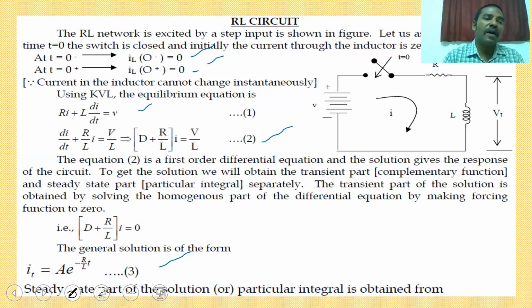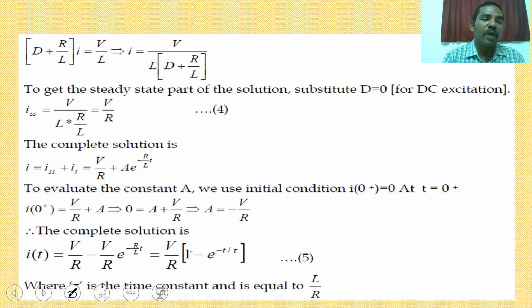we take D plus R by L into i equal to V by L, or i is equal to V divided by L into D plus R by L. The L is multiplied in the denominator term D plus R by L, so L is a fixed value. D is d by dt, and when a constant value is differentiated you get 0.